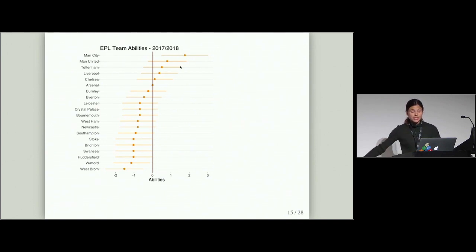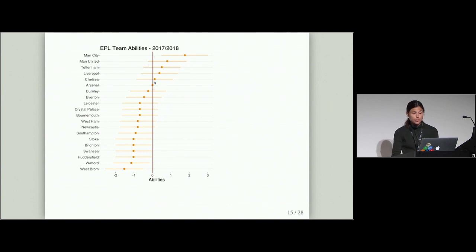So what would be the interpretation, some of the things that we can take away when we look at this summary for our most basic version of this model? Yeah, it looks like in terms of just our point estimate, that Man City stands out as the strongest team.